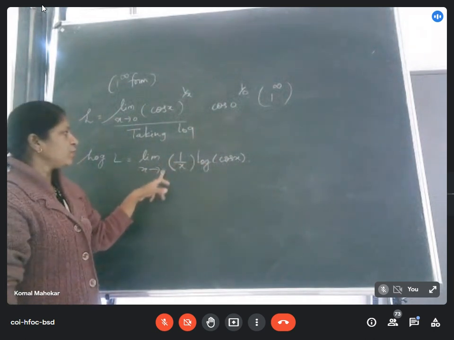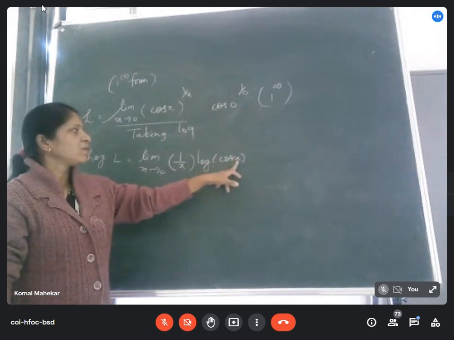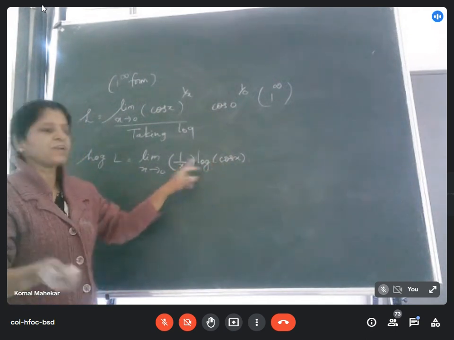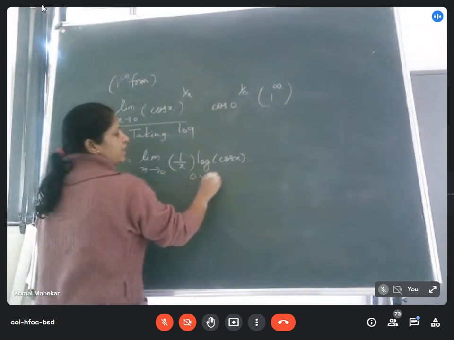Now, if you put x is equal to 0, 1 by 0 is infinity, cos of 0 is 1, log of 1 is 0, so this is 0 into infinity form.